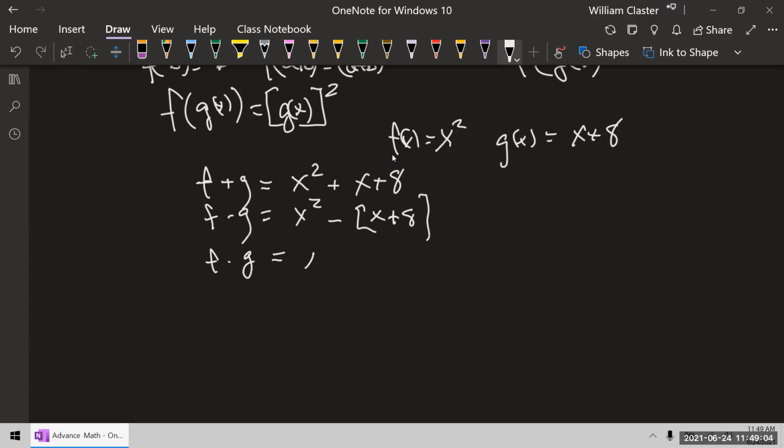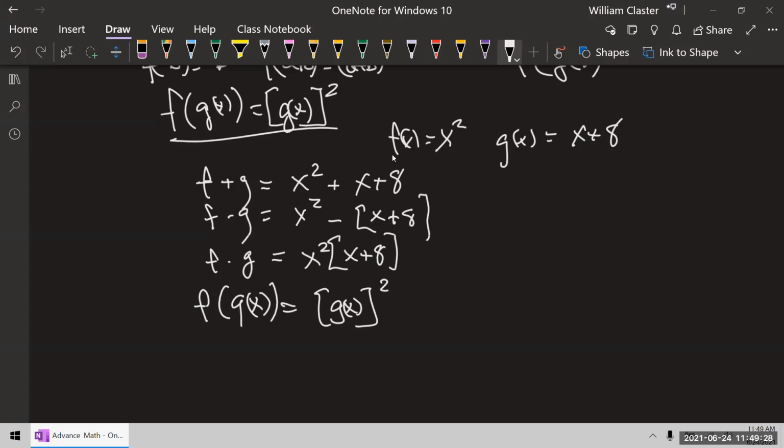That's x squared times x plus 8. Okay, so we know what these mean. Now, what does f of g of x mean? Well, we already said f is x squared, so it means we should square. We just said that it means we should take g of x and square it. That's what we said right here.